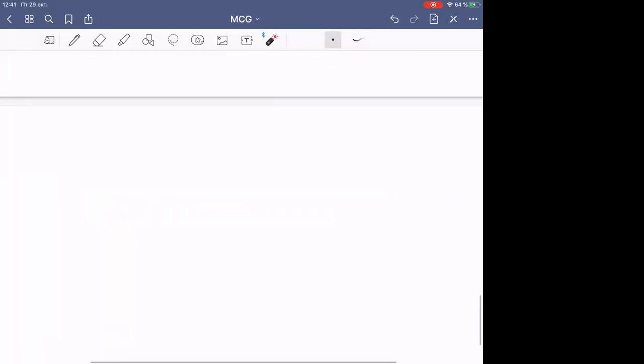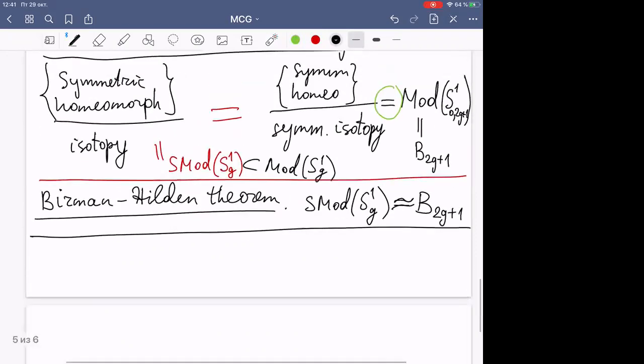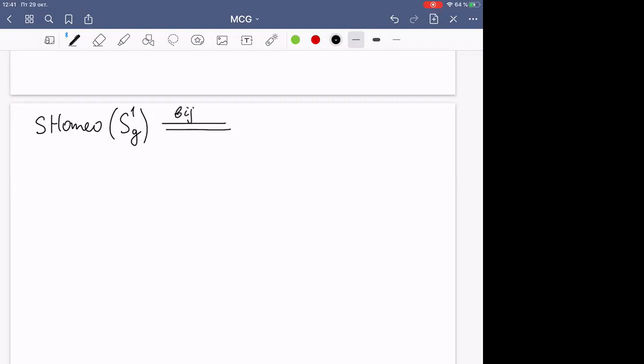So let us fix this, that we have this mapping, even not on the level of mapping classes, but on the level of homeomorphisms, that symmetric homeomorphisms of a genus G surface are in one-to-one correspondence, there is a canonical bijection, with homeomorphisms of the disk with 2G+1 punctures.